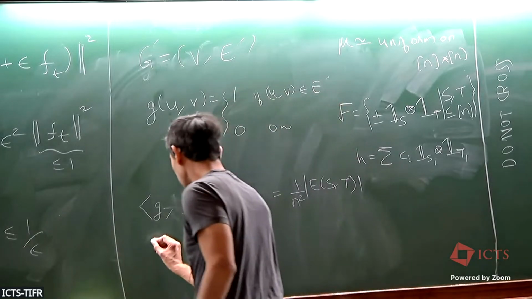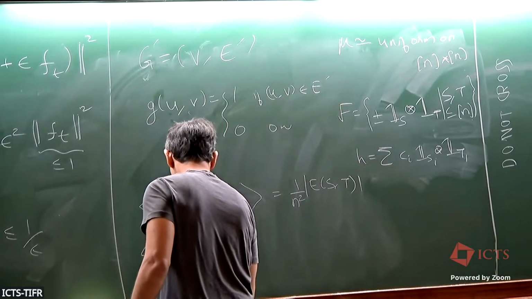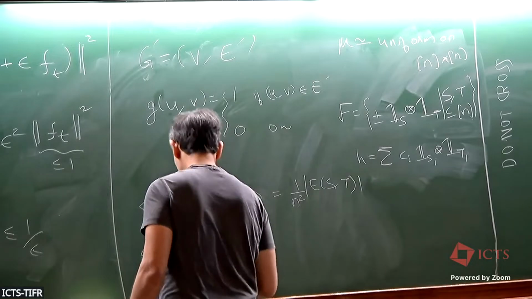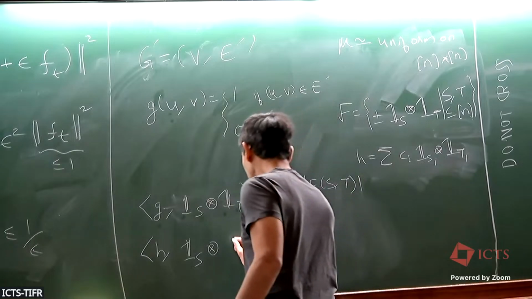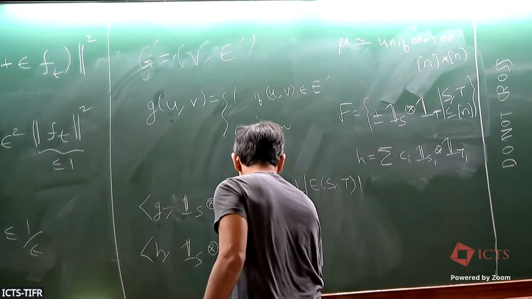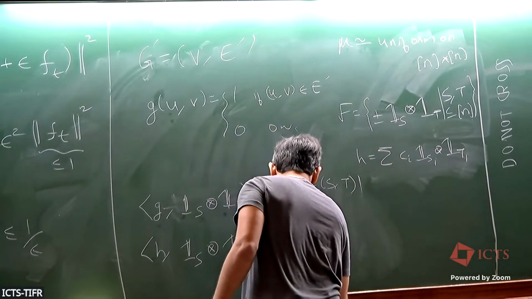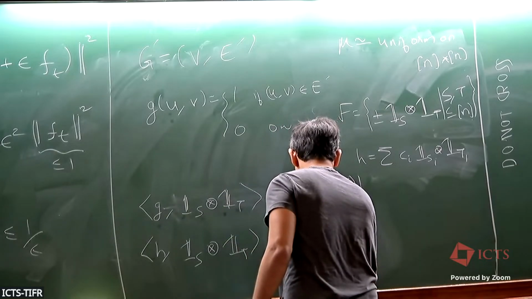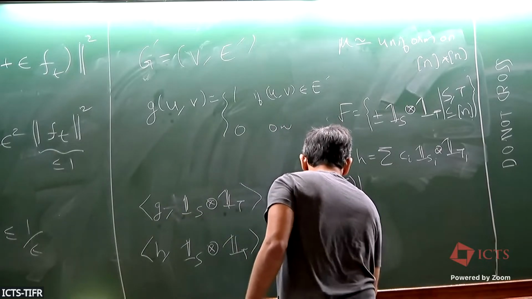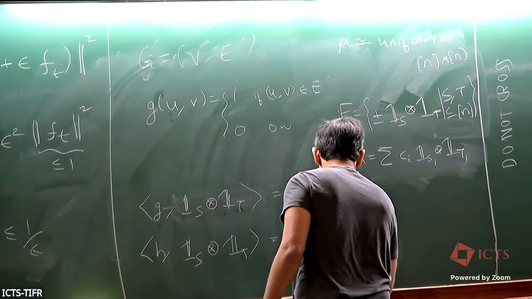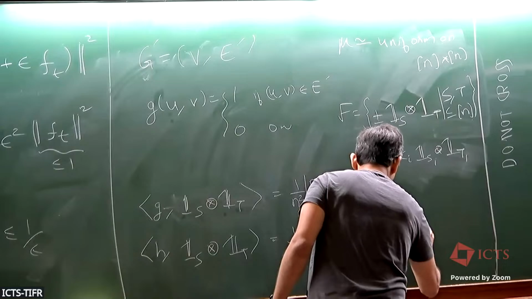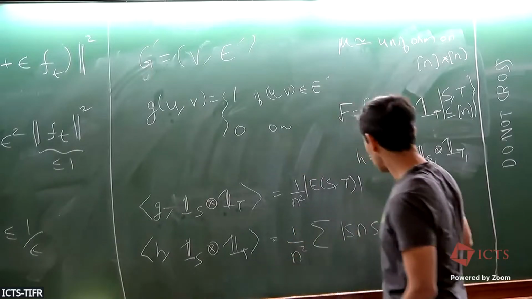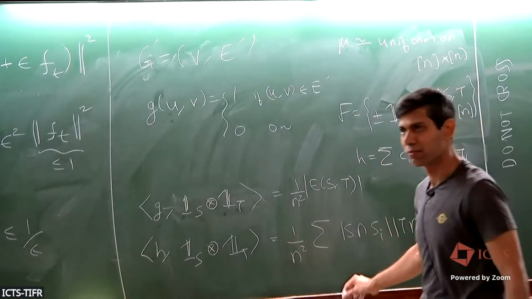And what is H? H is built out of stuff of this form, and it just counts the intersection, again normalized by n squared.